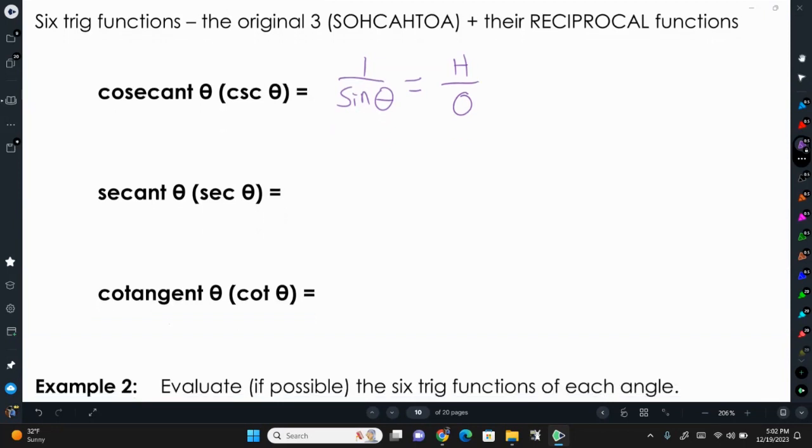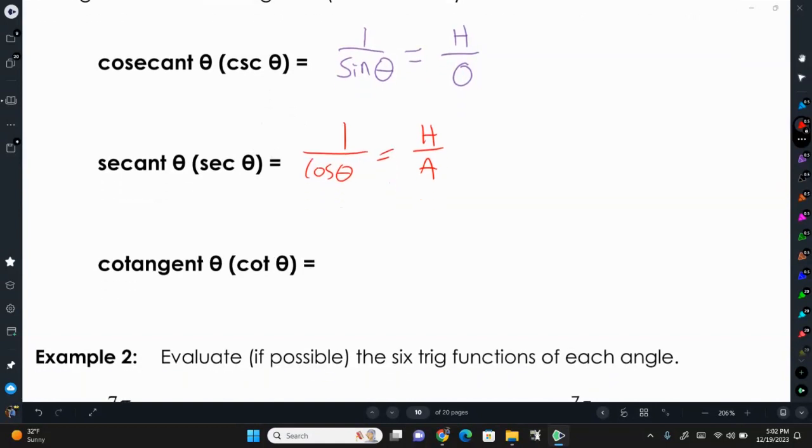The secant is 1 over cosine of theta, or cosine flipped, so the hypotenuse over the adjacent. Now cotangent can be rewritten as 1 over tangent of theta.